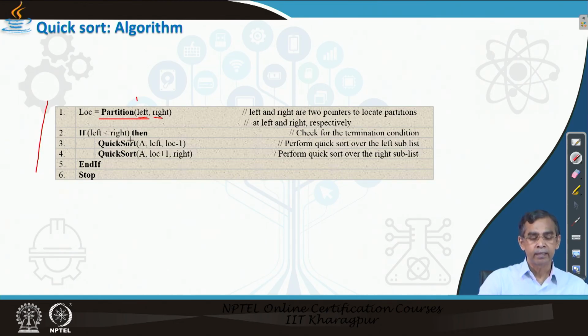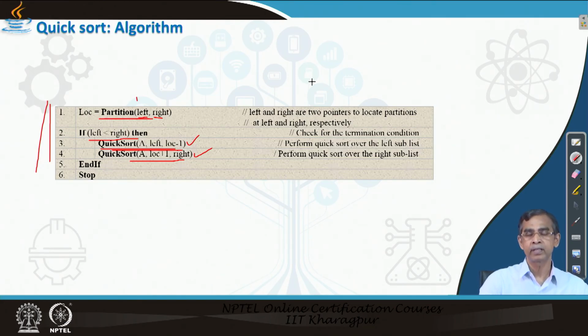Then again we have to call quicksort, with this termination condition, recursively, for the left list and then the right list, and that is the quicksort algorithm. So this is recursive, we call the same procedure again and again, and here is the partition algorithm.